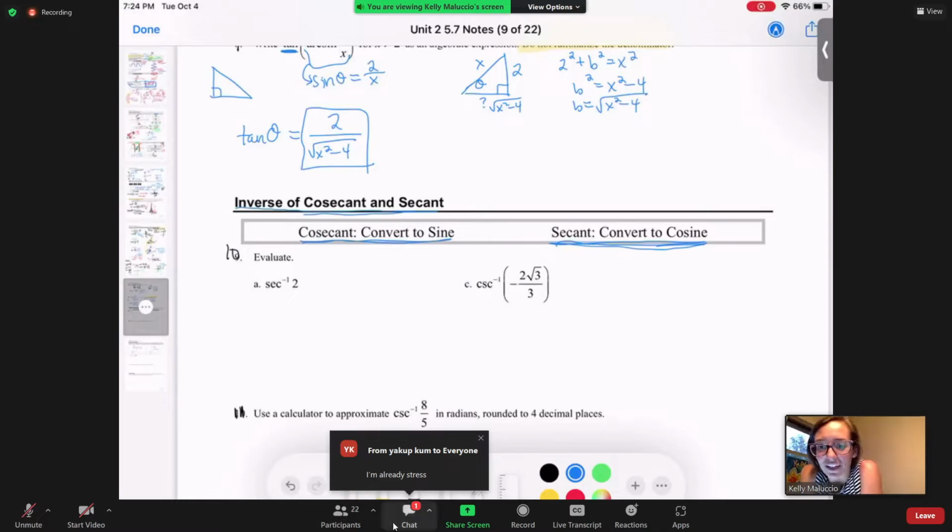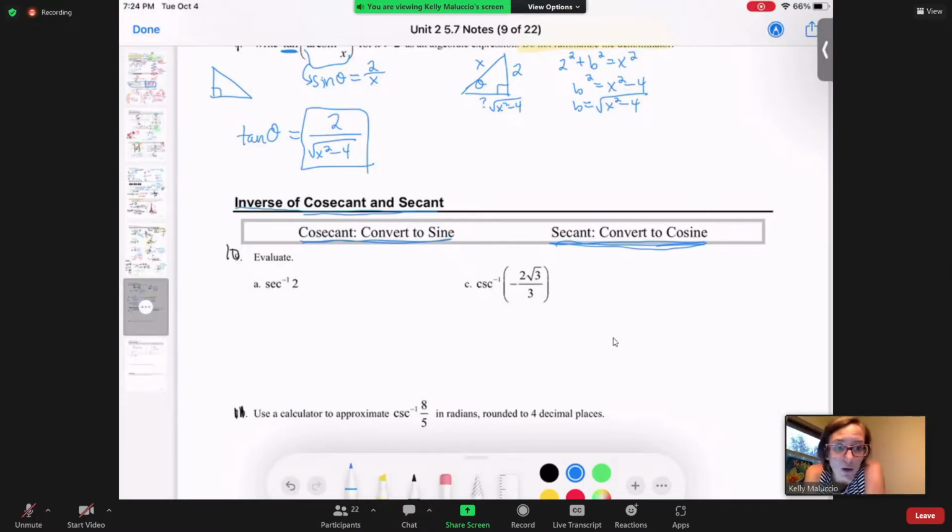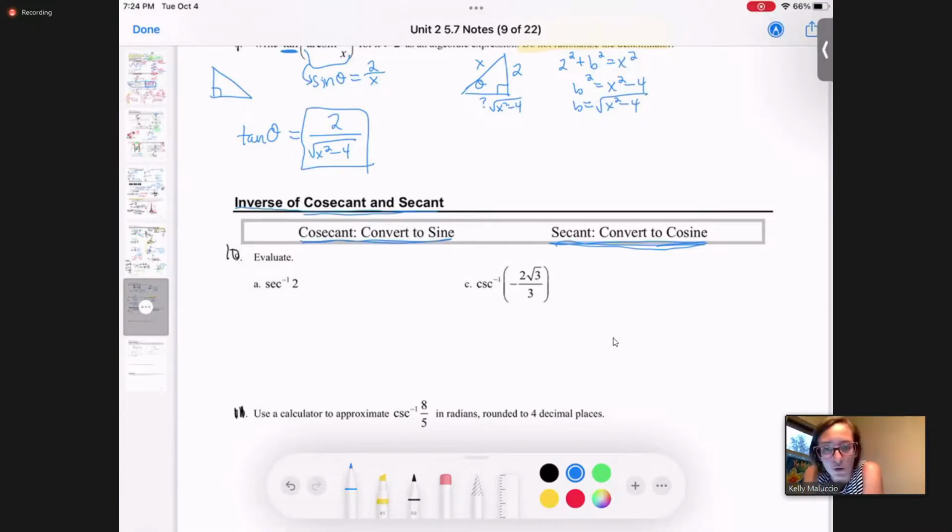Yeah, Jakob, sorry. But so we're not going to stress, and we're just going to convert it right away to sine or cosine and then deal with it like that, right? So I'm not even going to think about what the heck this is saying. I'm just going to say which one is secant. So secant is cosine. Well, okay, I can't literally just rewrite it.